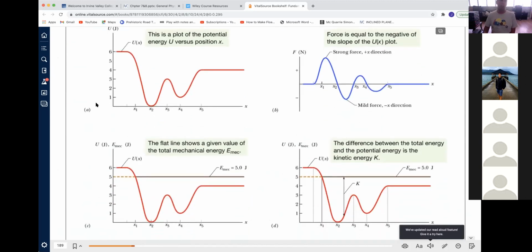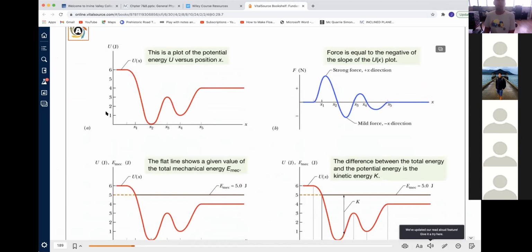It shows on a graph, at 0, you have all kinetic energy. And as you go up, you gain potential energy. You go from 0 potential energy to, I'm sorry, from all kinetic energy to all potential energy.